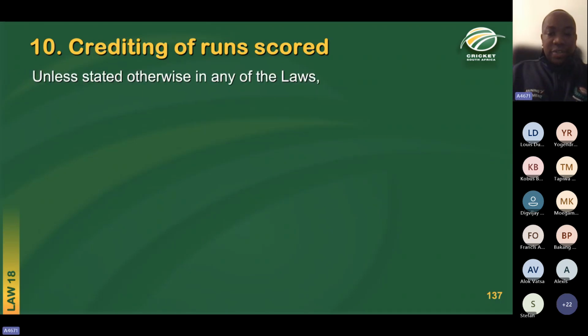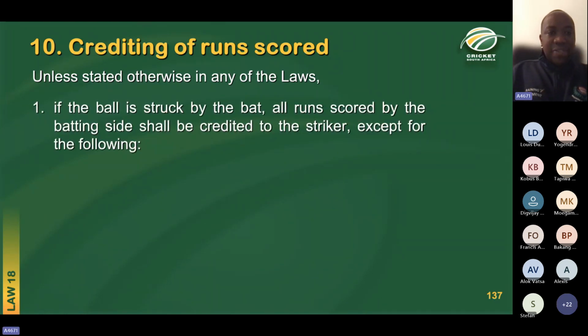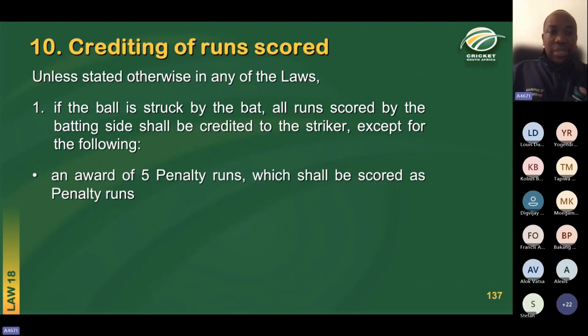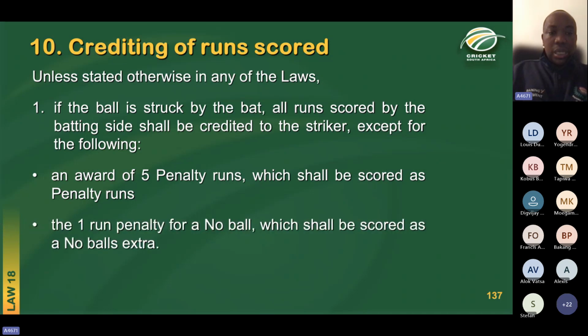Who gets credited for runs and when? Law tells us that unless stated otherwise, if the ball is struck by the bat, all runs scored by the batting side shall be credited to the striker, except in the following cases. When there is an award of 5 penalty runs, it shall be scored as penalty runs.